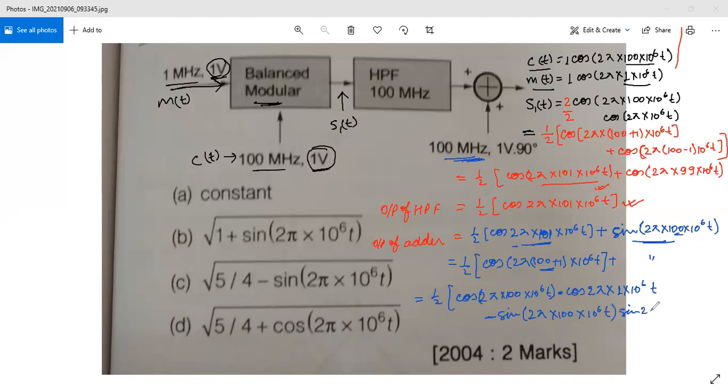Sin 2 pi into 1 into 10 to the power 6t. इसके बाद का जो टर्म है, वो ऊपर जो हमारे पास टर्म है sin 2 pi into 100 into 10 to the power 6t. ओके. So हमें ये पार्ट मिला है अभी.